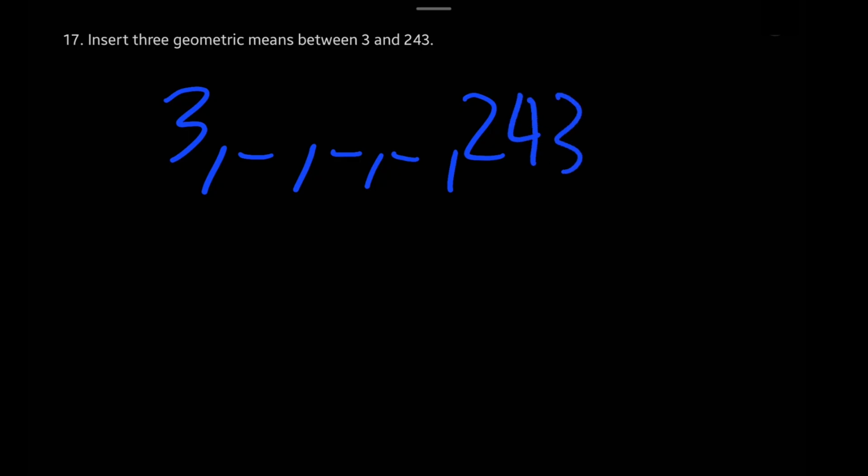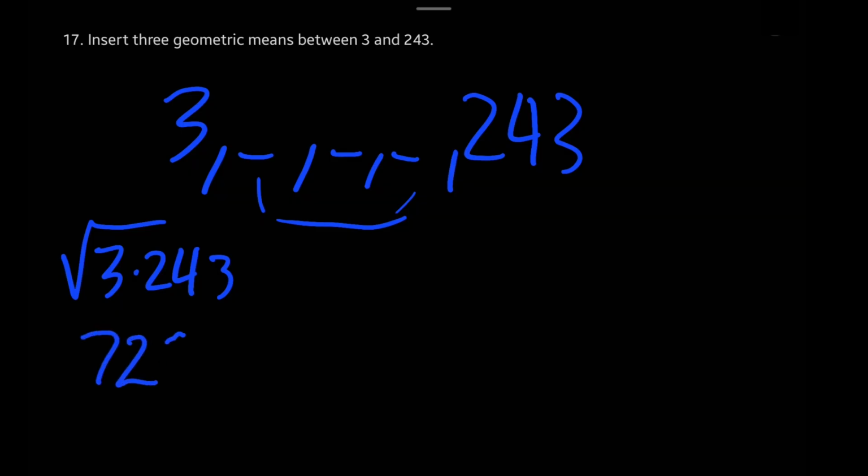Notice that this is an odd number of means. It asks for 3. So we can actually refer to the square root formula. We do 3 times 243, or 729. The square root of this is simply 27. So its middle value would be 27.